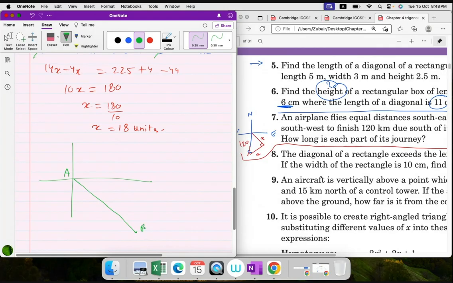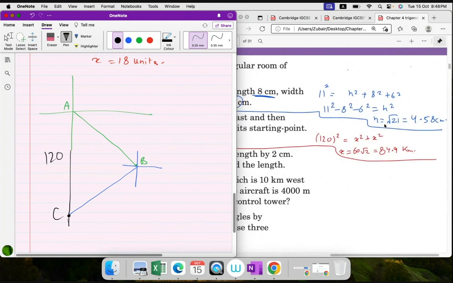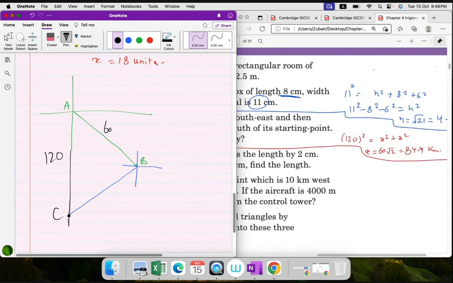Now the plane is at point B. It travels again in southwest direction. So this is its new travel. And the question confirms that it ends up south of the starting point. So it ends up at position C. So it's 60 and 60, so we'll find that. This was 120, and then we worked out and got 60 square root 2 for each of these.